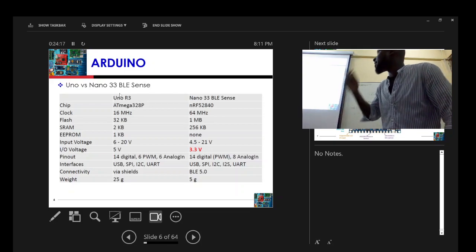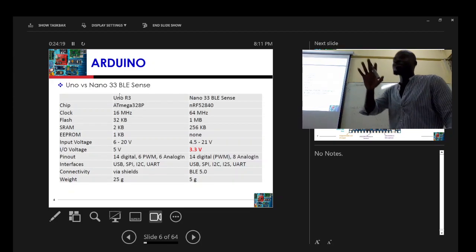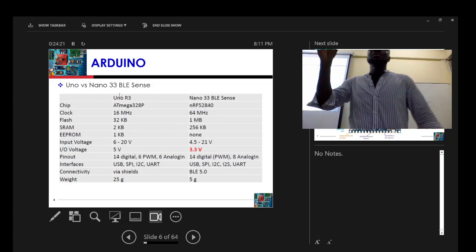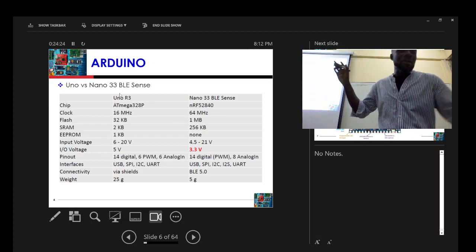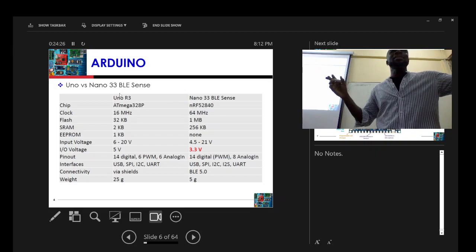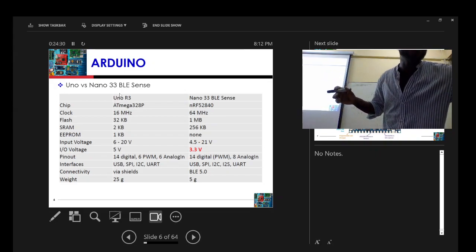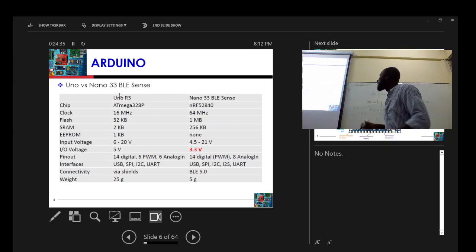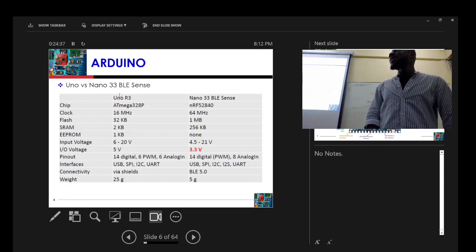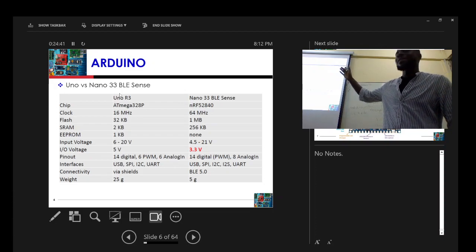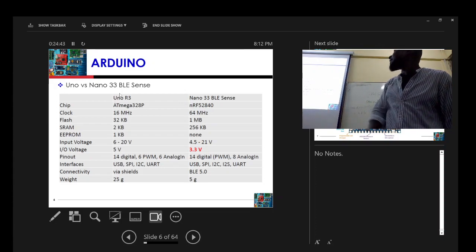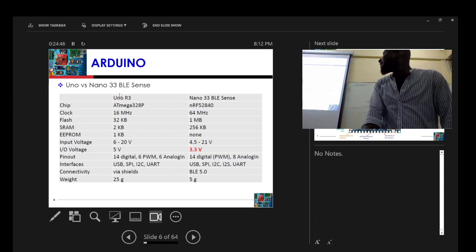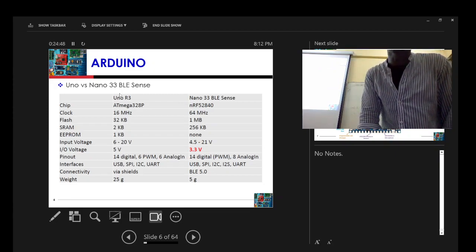Nothing. Right. So now there are clear differences between the Arduino Uno and the Arduino Nano. The chip, the CPU, that the Uno uses is the Atmega 384P, but the chip that the Nano uses is the NRF 52840.